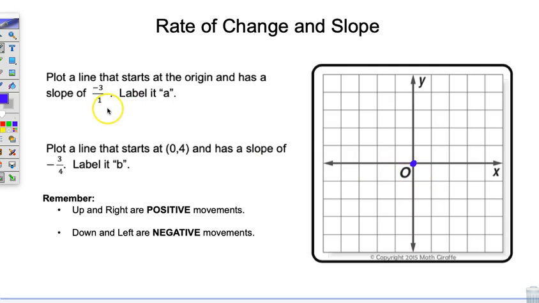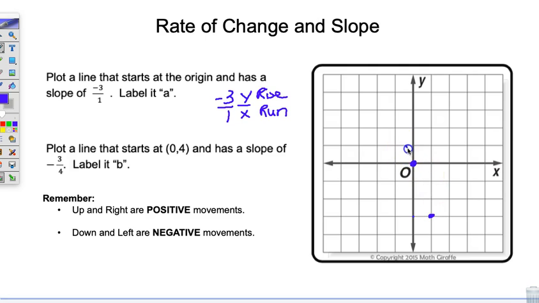To find a second point on the line, I'm going to use the slope. So since the slope is -3 over 1, -3 is my y value or my rise. The 1 is the x value or the run. So that means to go -3 units, I'm going to move down 1, 2, and 3. For the run, it's a +1, so I'm going to move to the right 1 unit.